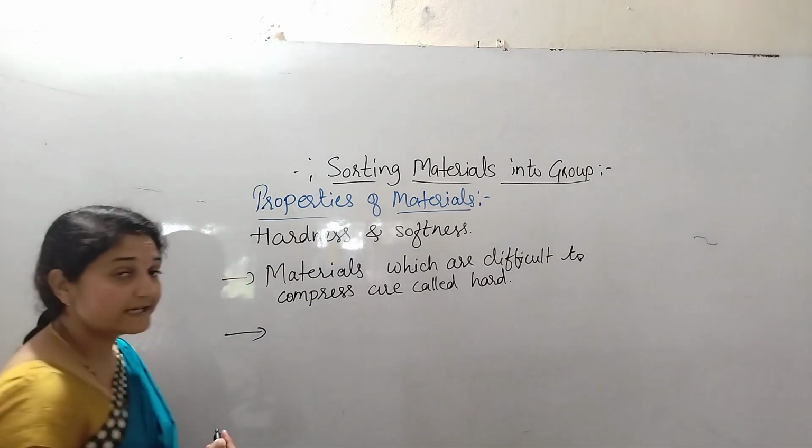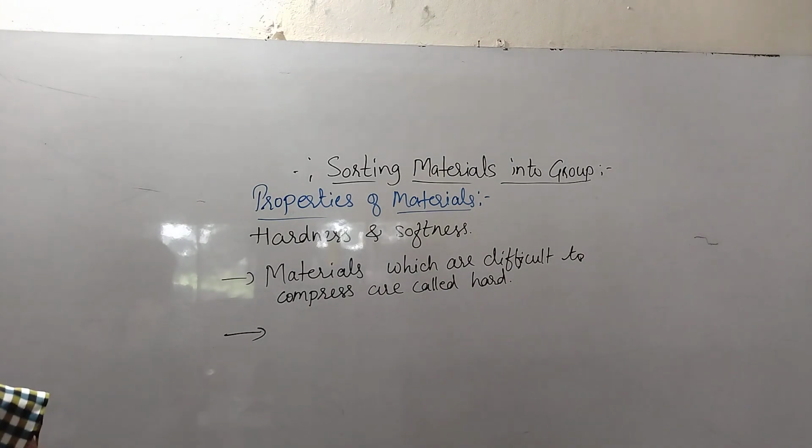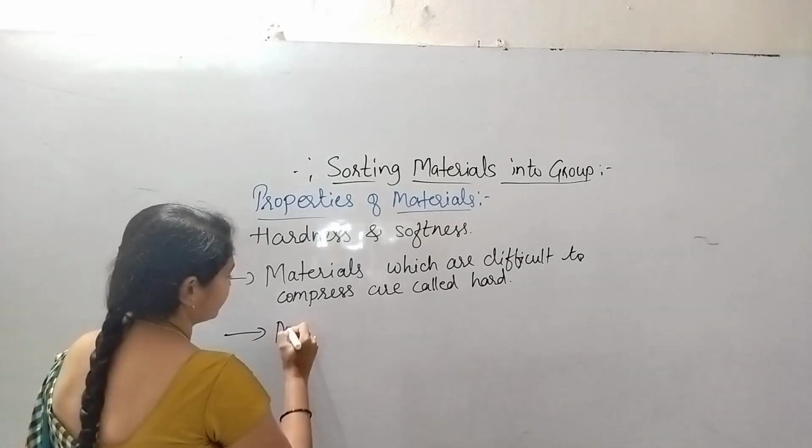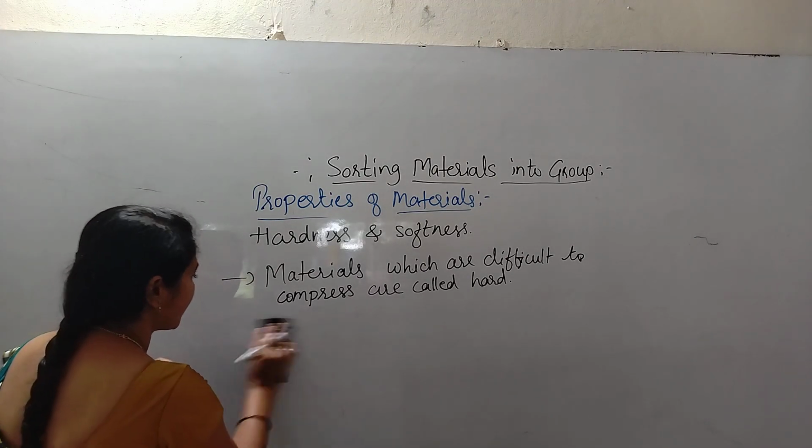Materials which are easy to compress, the materials which compress easily, are called soft. So first we will write here hard materials.